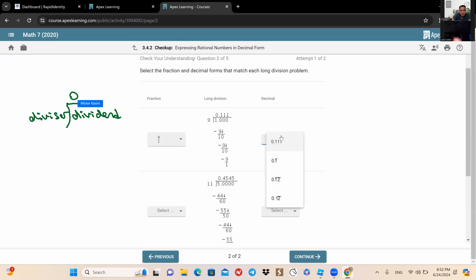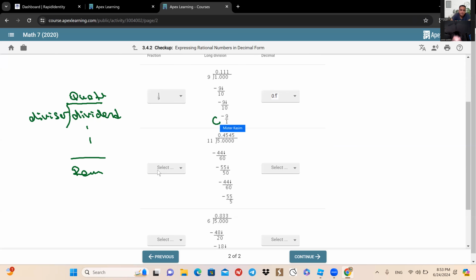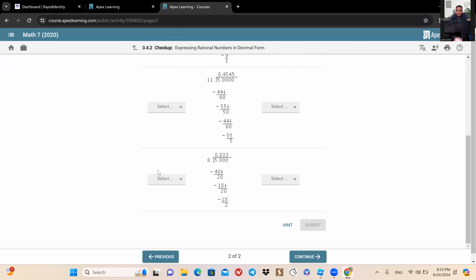And here we have the quotient, and here we have the remainder. So you're dividing 1 by 9, not 9 by 1, right? Point 45, 45. This one.